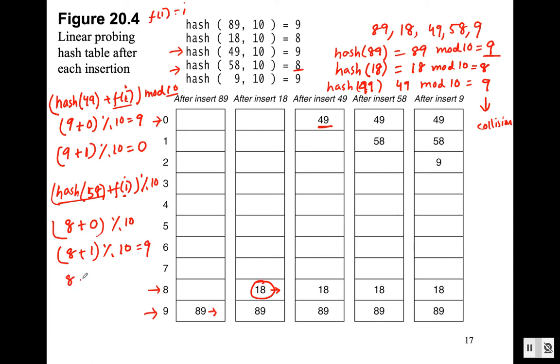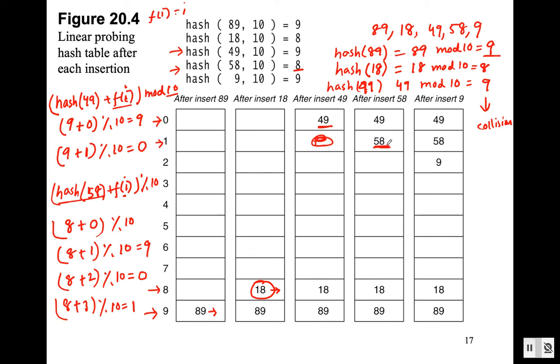Then i equals 2 gives 0, also a collision. We try i equals 3: 11 mod 10, which is 1. Now we are going to add 58 in cell 1. We find that this cell is empty, so we add 58 here.